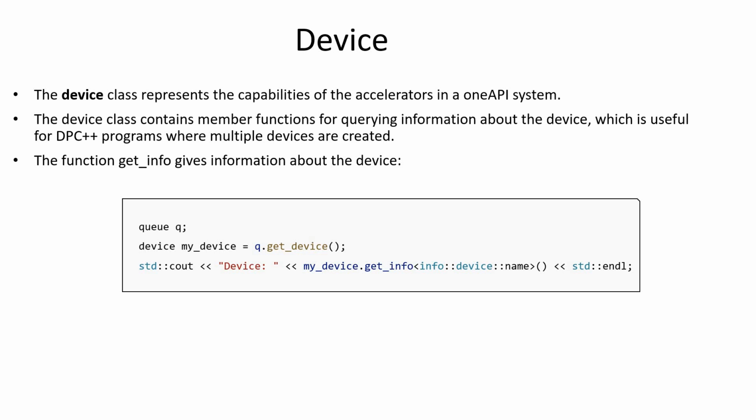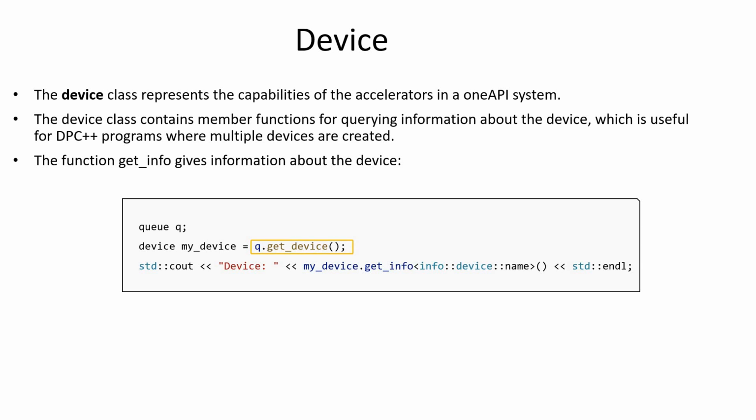The first one is the device class. This is a very simple class which helps you in querying information about the device to which you want to offload the work. Please understand, you can use CPU, GPU or FPGA, and this class will help you in obtaining more information about that particular device. You could see the code here. It's very simple and easy to understand.